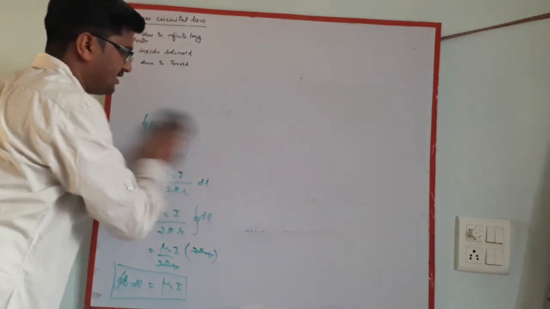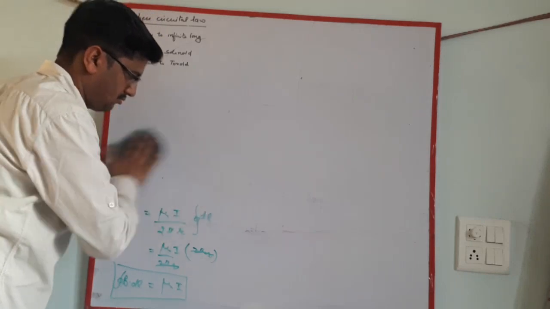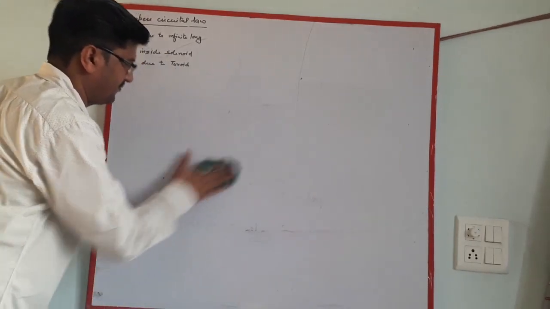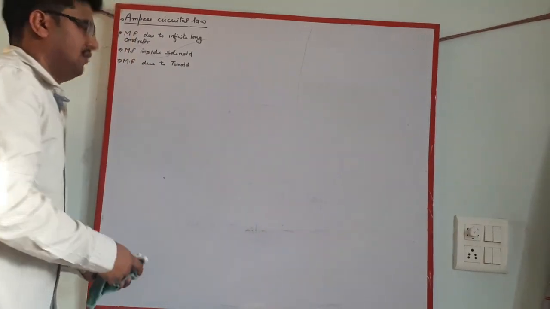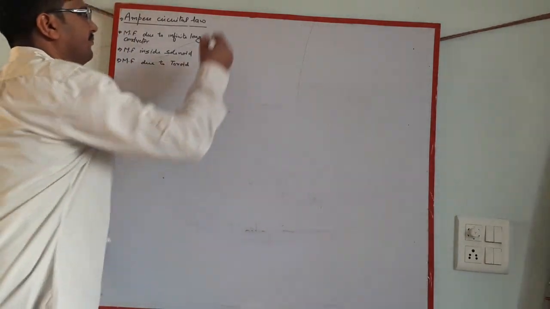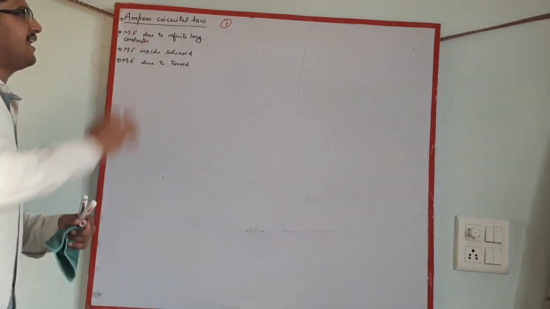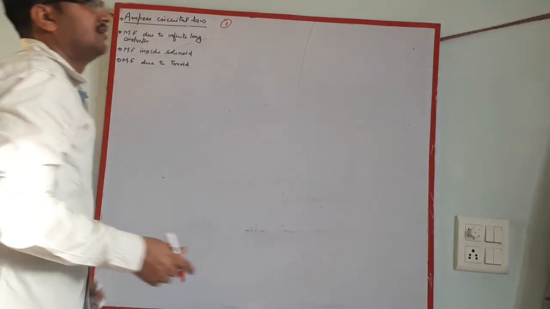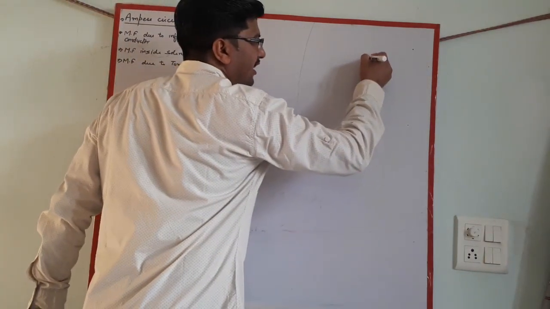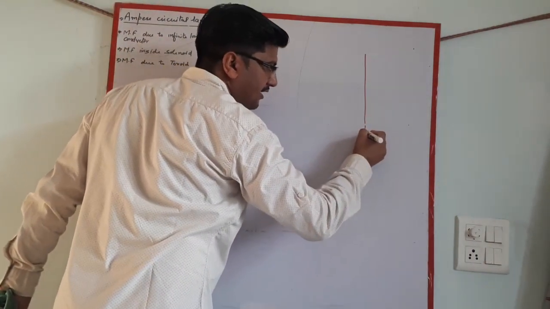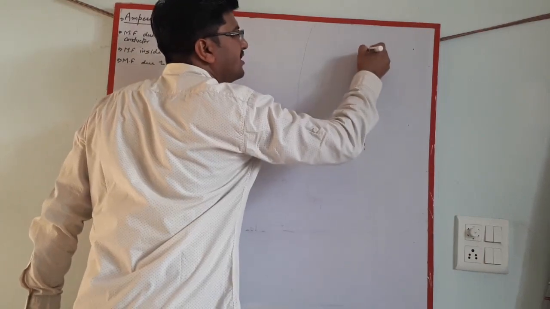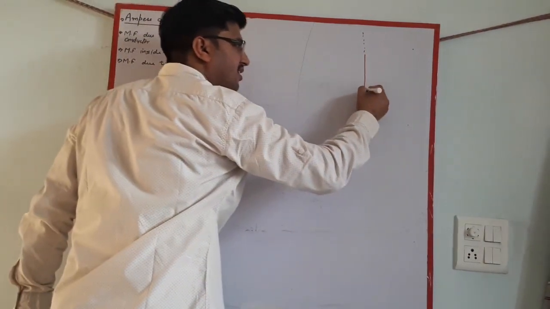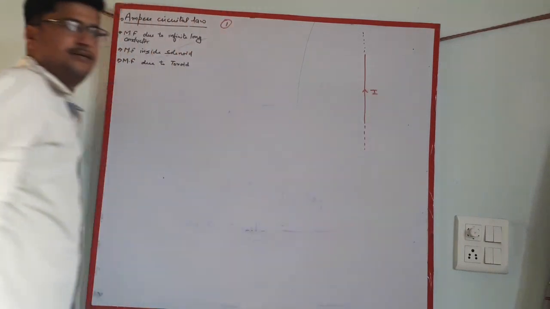The first application: magnetic field due to an infinite long conductor. Let us consider an infinite long conductor. Infinite long means no upper and no lower end, and having current I flowing through it.